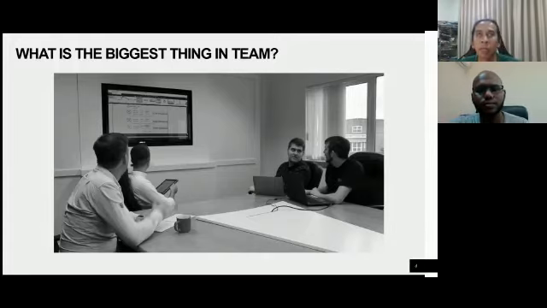Every single value that comes for a team, like trust, courage, and respect, all stems from communicating. If you communicate well, there's a high chance that the team would be successful. If they have respect in the communication, if they put their points across with respect, not in a clashing manner, that would ensure a high level of success for the team.